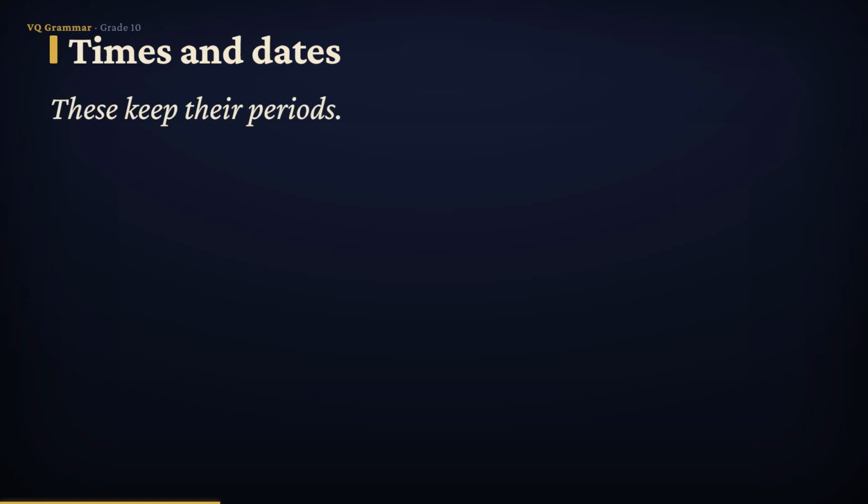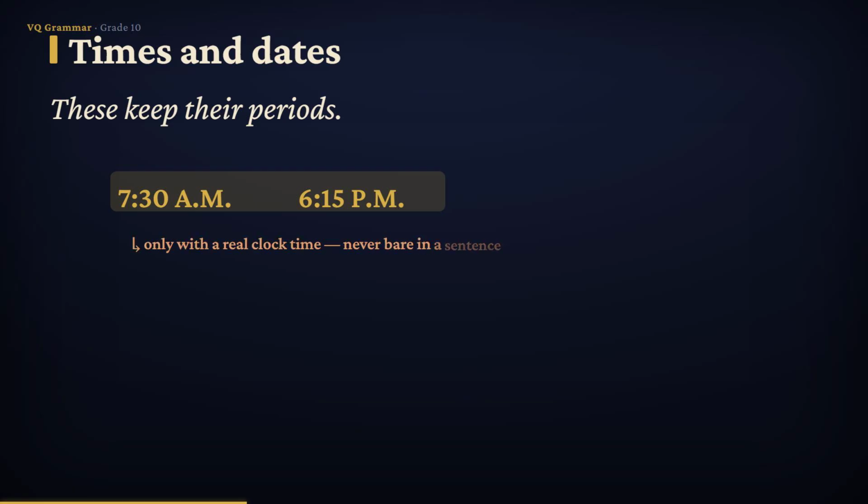Now times and dates. With a clock time, use a.m. for the morning hours and p.m. for the afternoon and evening. 7:30 a.m., 6:15 p.m. Both of those keep their periods, but use them only with a real number attached. Never write, "I'll see you this p.m." in an ordinary sentence. Historical dates behave the same way. 44 BC, AD 1066.